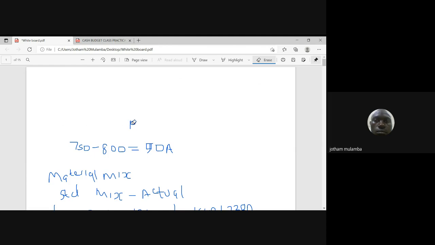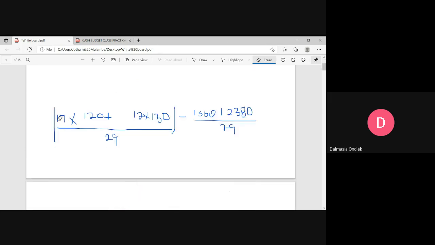Dalmas, on your CV, have you written you are keen to details? Yes. So this question, its essence is to test if you are keen to details. You only follow instructions. I have a question. When we were starting the money out, we haven't recorded the bonus because they didn't receive it yet, right? No, we will identify the transactions that will appear on our cash budget. There's nowhere we have recorded money.